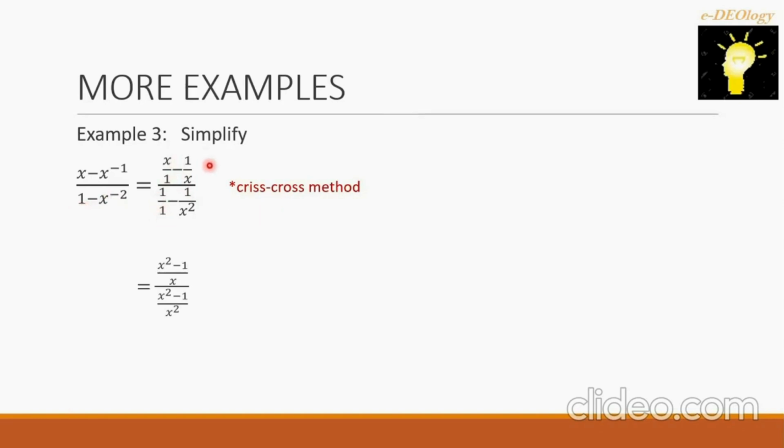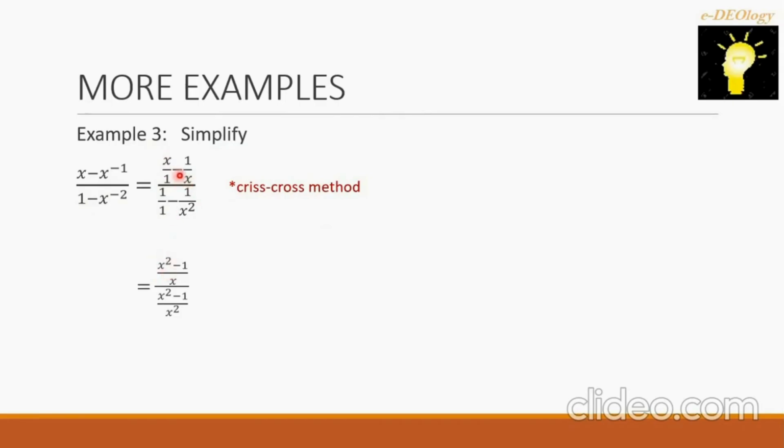So we will begin with our numerator using the crisscross method. This is what we will do. The x and the x down here diagonally, we will multiply. So x times x, we will get x squared. We're going to write here x squared.